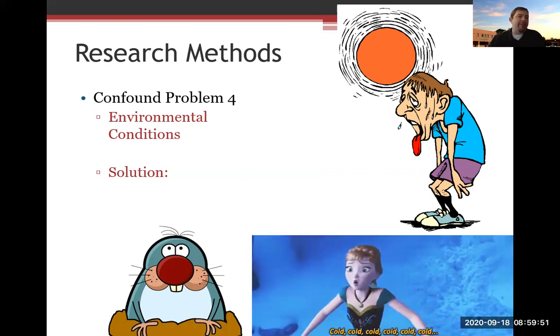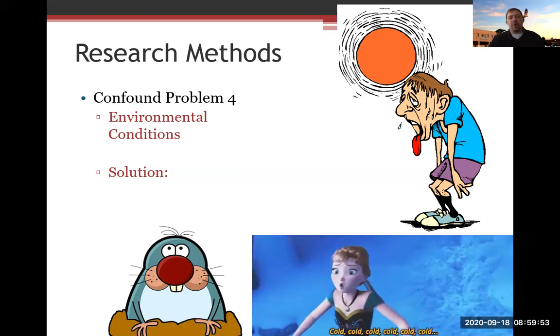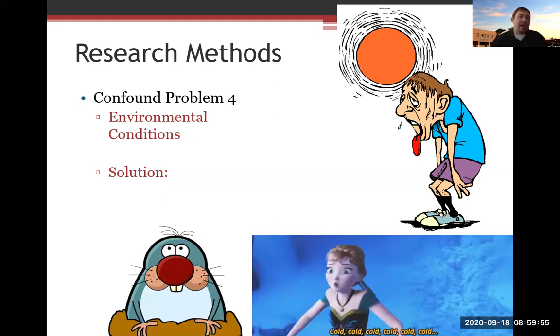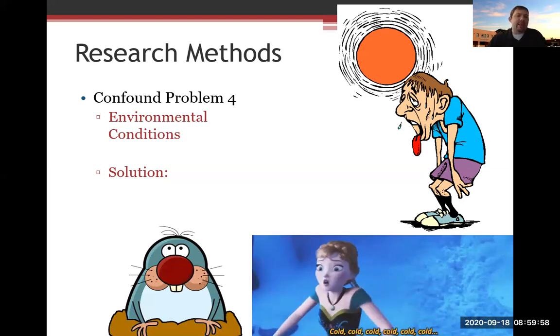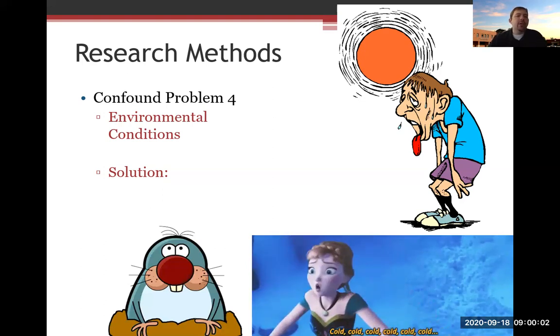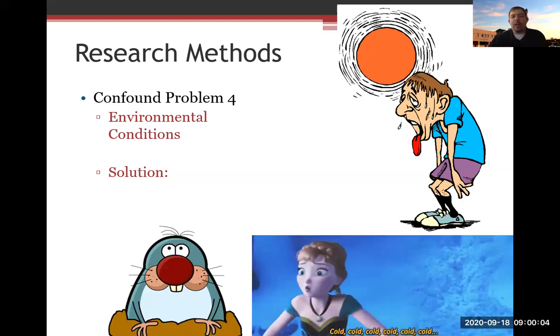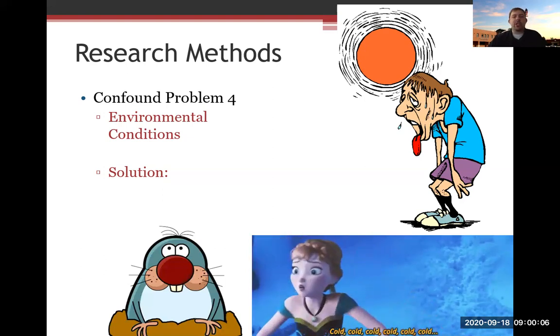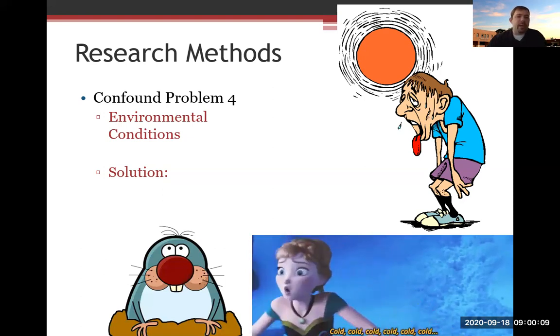If we're running a driving test and one group goes in the morning and one group goes in the afternoon, well, maybe the sun's in the eyes of one group and not the other, which could also influence those results. So the bottom line here is look at what environmental variables could be and make sure that they are the same between both groups.